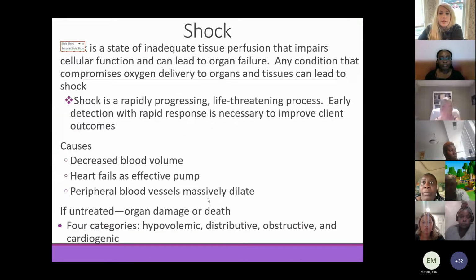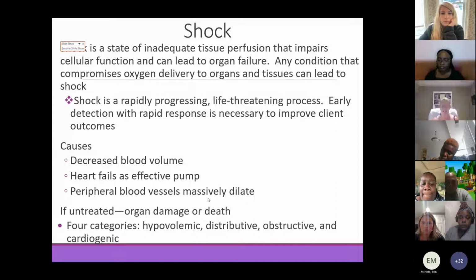All right, so when we talk about somebody that's in shock, shock by definition is the body being in some state where something's going on in the body and our organs are not getting properly perfused. Whenever we don't get proper perfusion to any of our organs, we know that if we don't intervene, it can cause organ failure that may or may not be reversible.